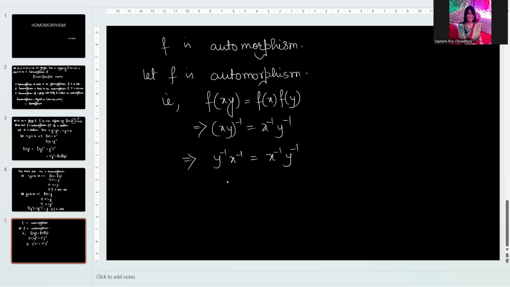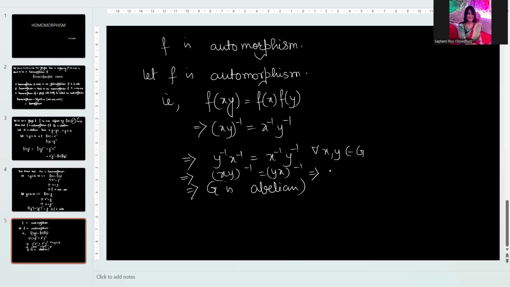As this holds for all x, y, G is abelian, right? Or you can just take the inverse on both sides. This is xy whole inverse, this is yx whole inverse. Cancel out the inverse. So xy equal to yx. So G is abelian. In this way, we can prove it.